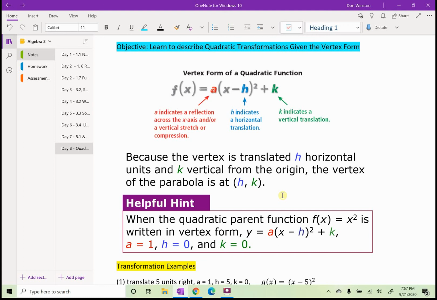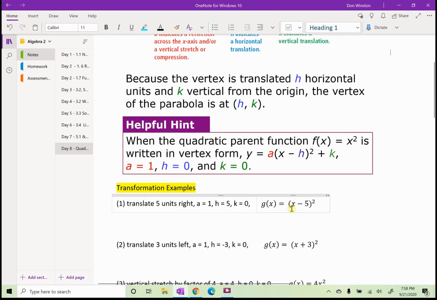In these transformations, a can never equal 0. For if a is equal to 0, we just have 0 times (x minus h) squared plus k, or y is equal to k, which is certainly not quadratic. It's linear, a horizontal line. So a can never equal 0.